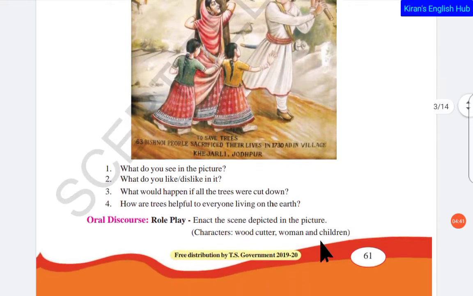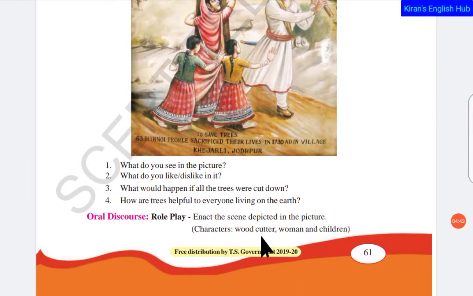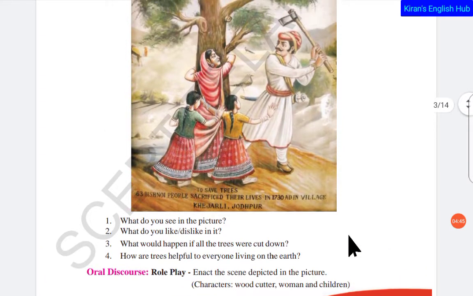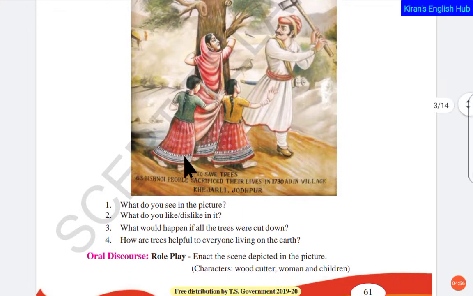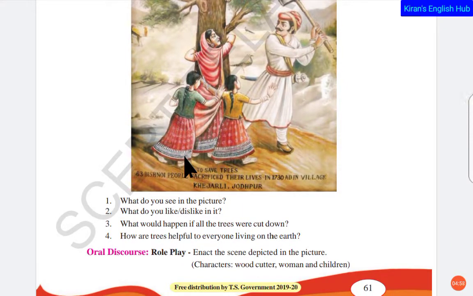Here the characters are woodcutter, woman and children. So one should act as the woodcutter. There is a woman and two children. You can divide yourselves into three or four characters here.